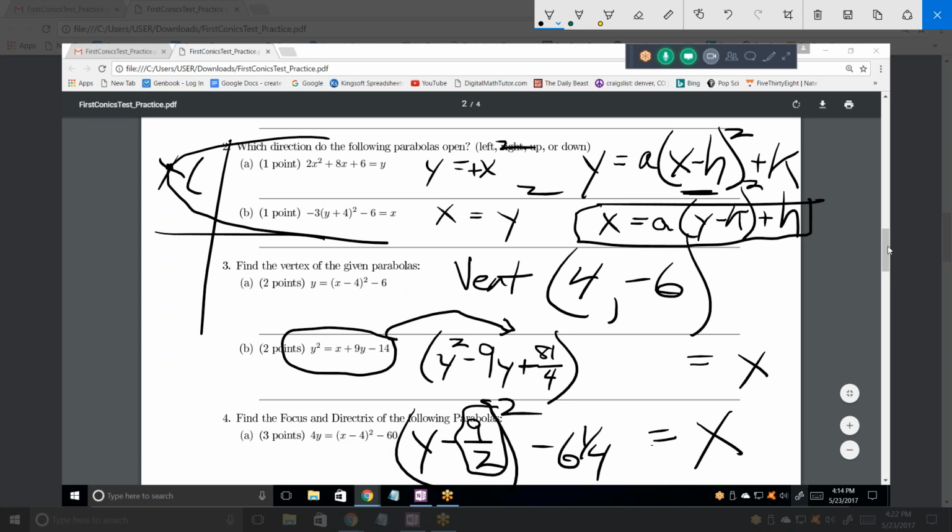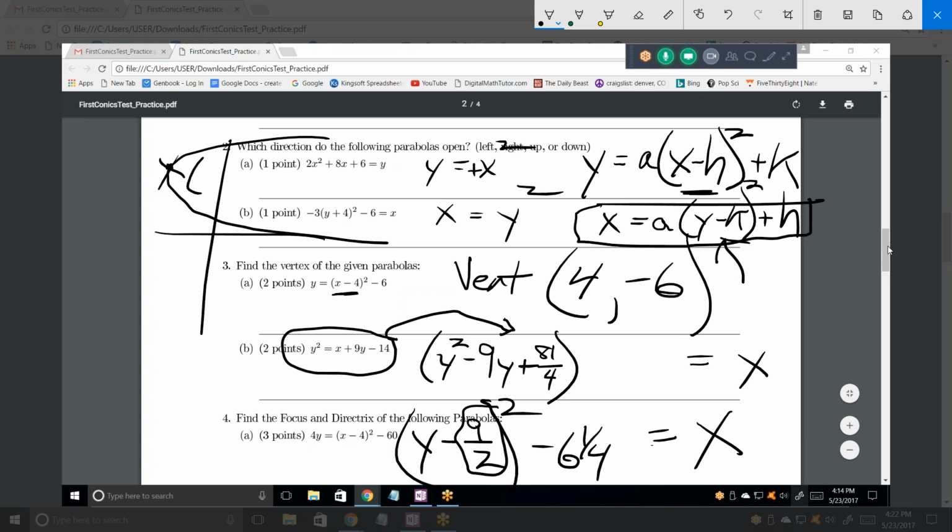Notice up here, for the same reason, the last time it was a positive 4. Even though it was x minus 4, that means your x coordinate of the vertex is positive 4. Remember, the standards are always x minus h and y minus k.